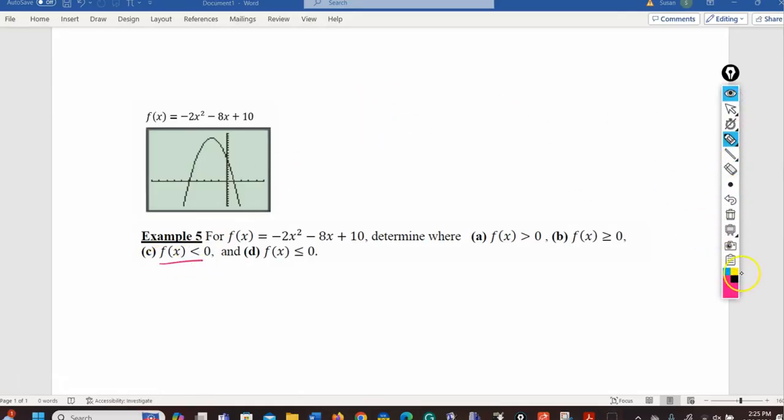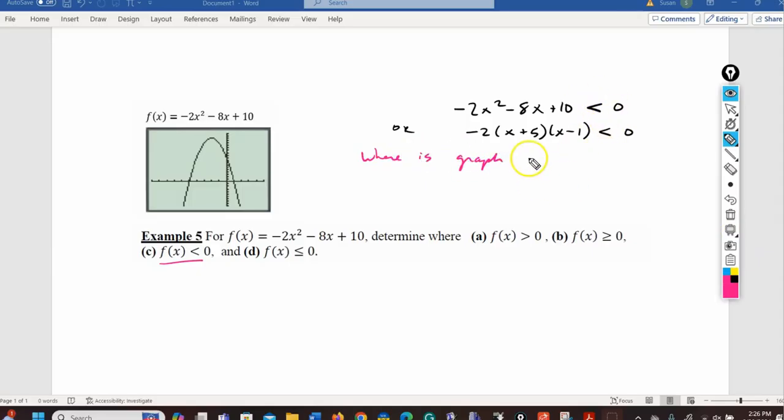So let's look at this one. So where is that going to happen? Or it could be given to us already factored. Well, that symbol is asking you where is the graph below the x-axis. And strictly below.